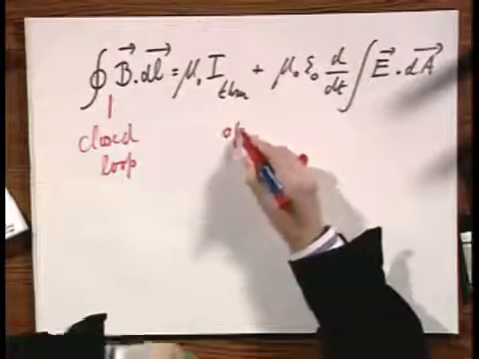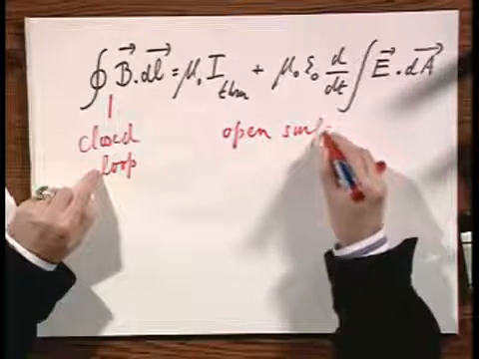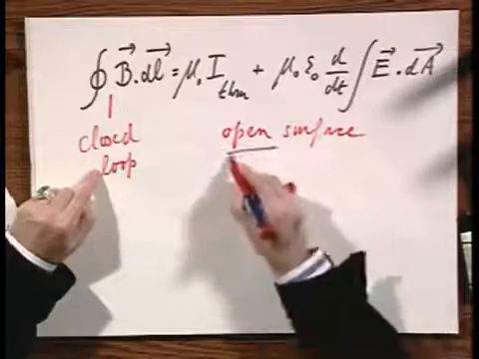Then you attach to that closed loop an open surface. It's open. Does it have to be flat? No. It can be a bag, like a shopping bag. So this could be the closed loop, and you could have a surface like a hat you can put over your head. And we will do that today.